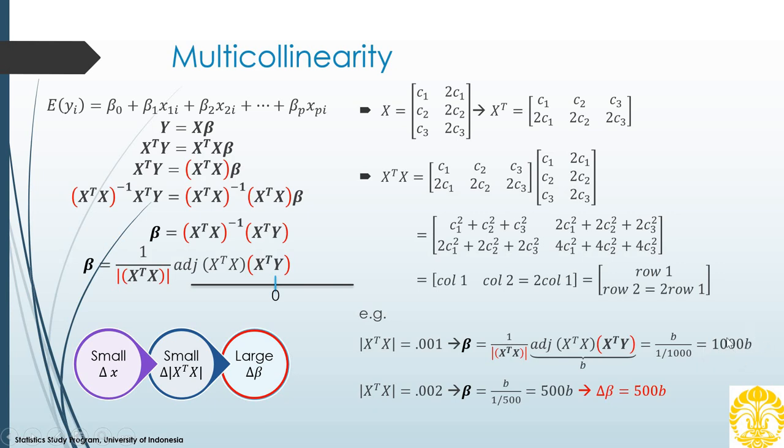So the estimated beta is 1000, and you can interpret it like this: if X1 increases by 1 unit, the tendency for Y is to increase by 1000 units. But then when there is a small change, like adding one or two more data points, there are small changes in X and in the determinant of X transpose X, and the estimated beta changes significantly to 500 from our previous scenario.